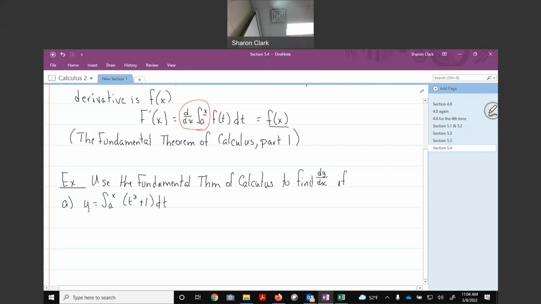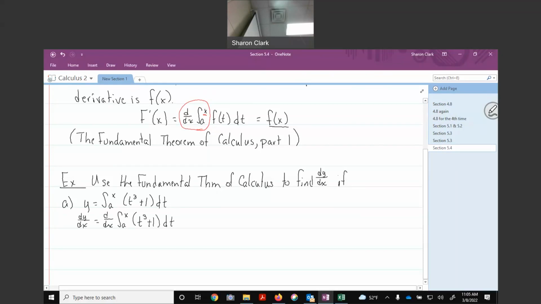So we're given that y is that integral, and we want to find the derivative of that. So we're going to do dy/dx on both sides. So d/dx of the integral from a to x of t cubed plus 1 dt.